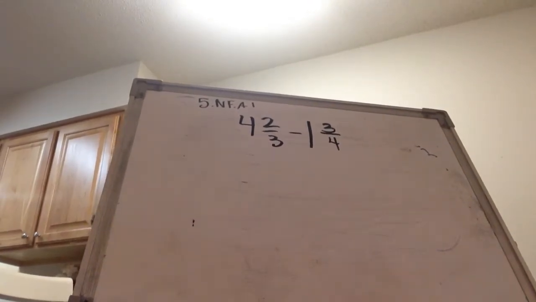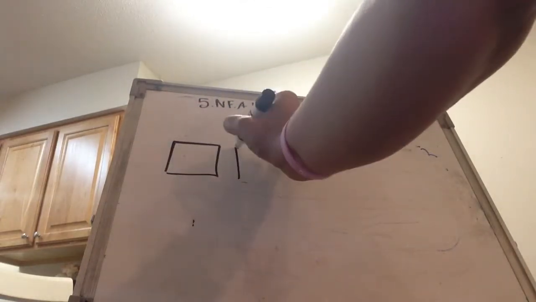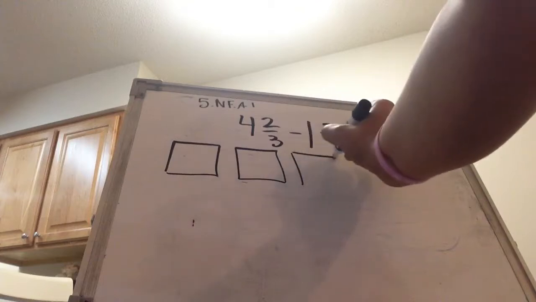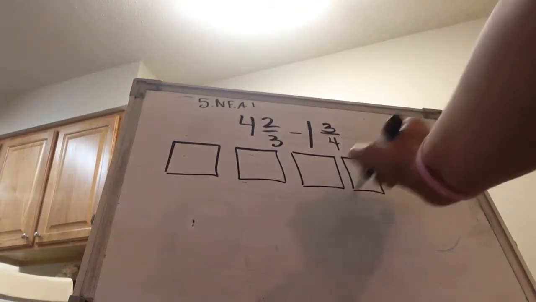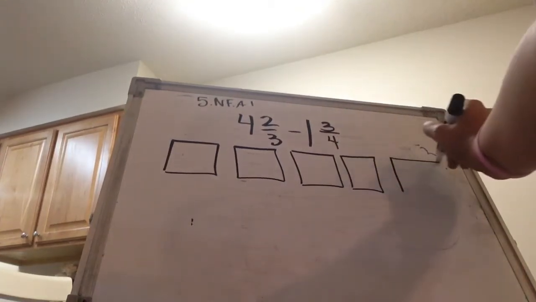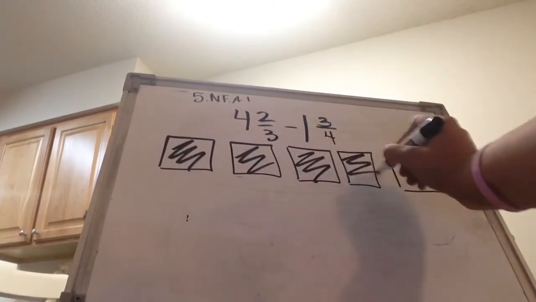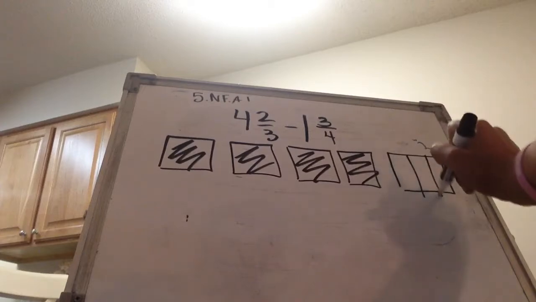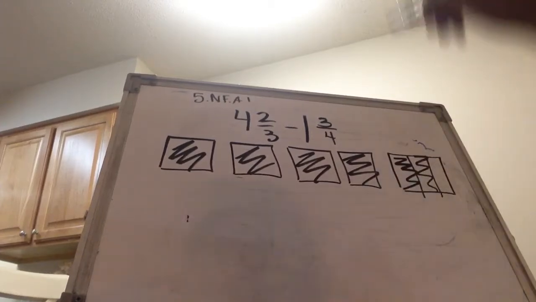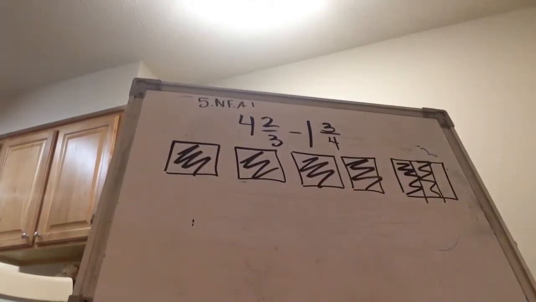So I can draw a model of 4 2/3. So that would be 4 wholes, and 2/3 of another whole. We want to draw them as accurately as we can.